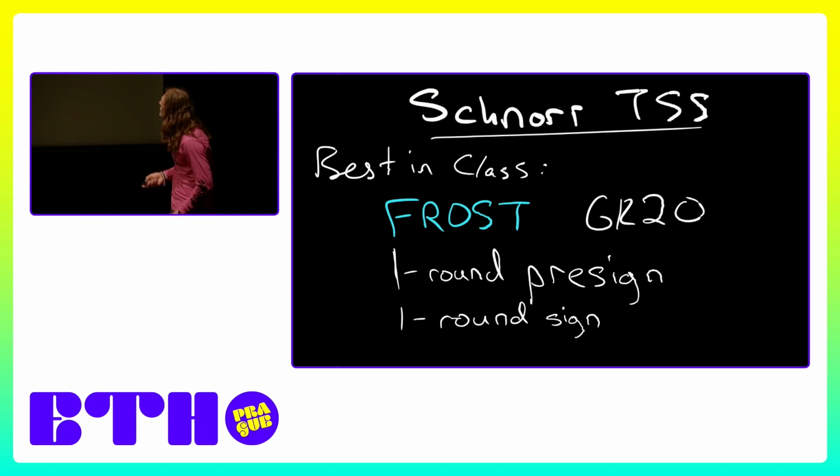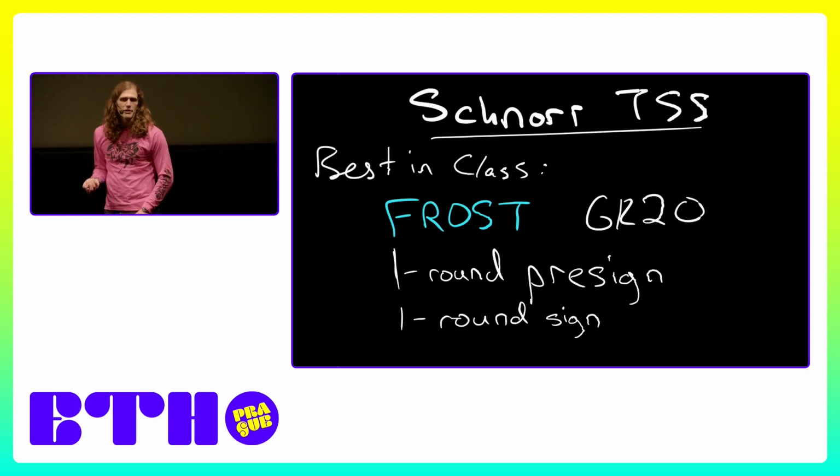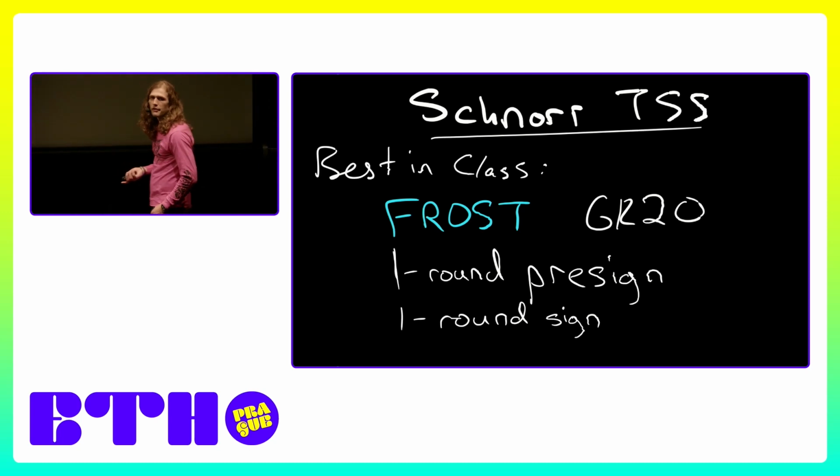The best we can do with the old signature techniques is FROST, the EdDSA paper published in 2020, which has 1 round of pre-signing and 1 round of signing, compared to CGGMP, which has somewhere between 4 and 7 rounds of pre-signing and 1 round of signing, depending on the protocol you implement.